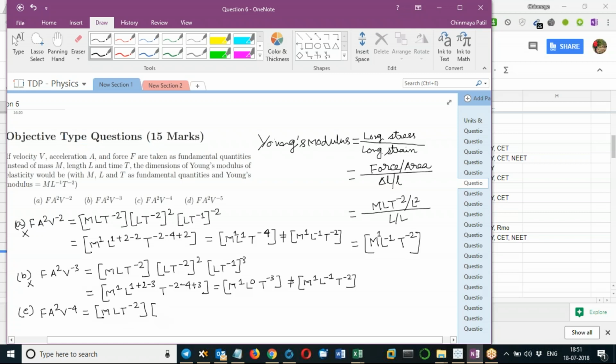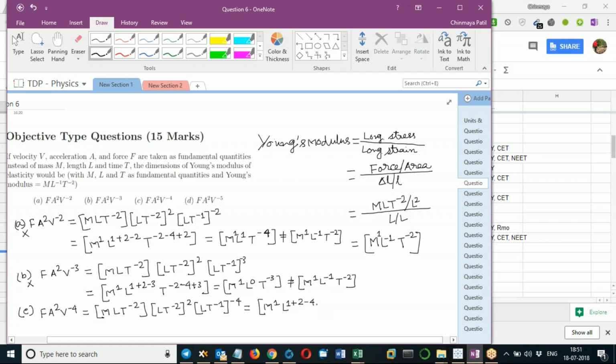Then a square, where a is acceleration, is L T power minus 2, all to the power 2, and v power minus 4, where v is L T power minus 1, all to the power minus 4. Now if we simplify this, we get M power 1 and L power 1 plus 2 minus 4.